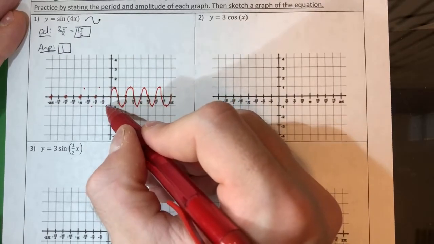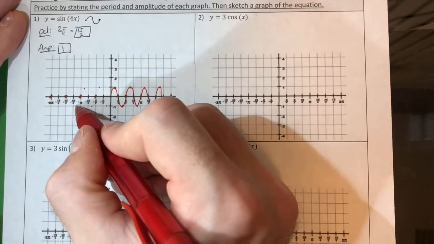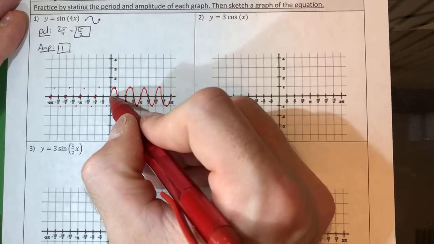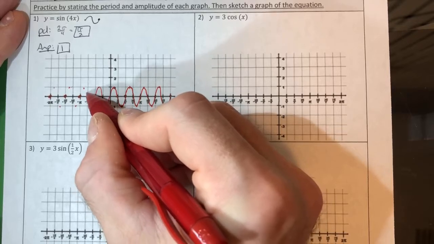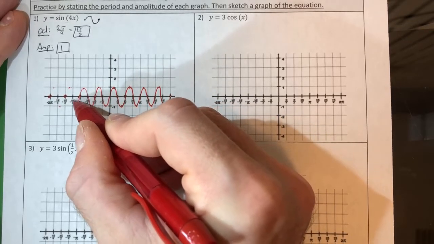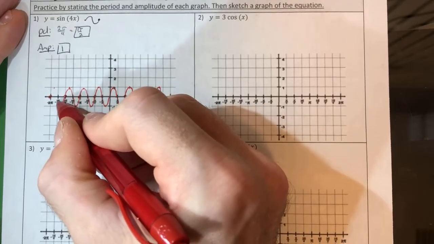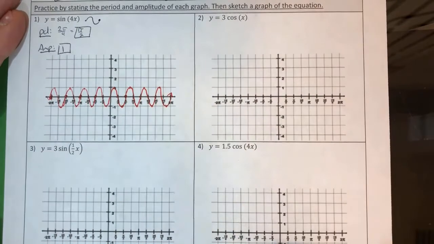So I'm going to hit my bottom in the first block and my top in the second block. Bottom, top, bottom, top, bottom, top. And then I just curve between the two. Boom. And there's your first official sine wave.